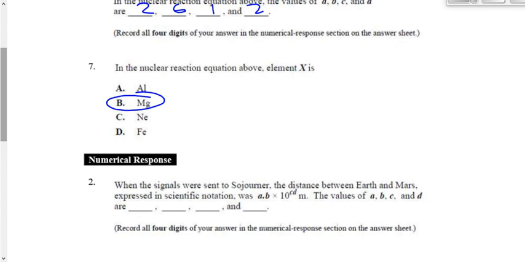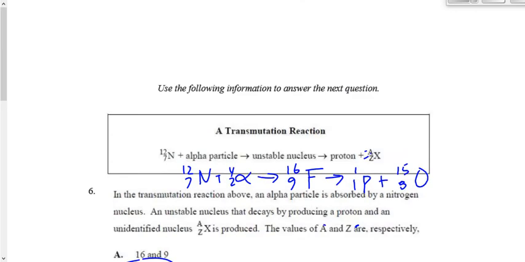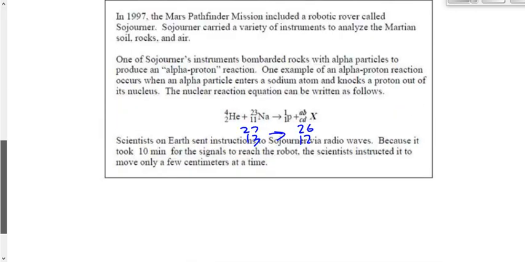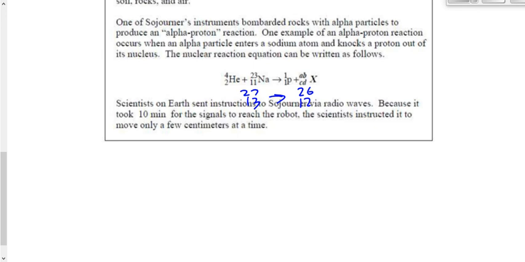And when the signals are sent to Sojourner, the distance between Earth and Mars was what? We want the distance between Earth and Mars. We know the speed is 3 times 10 to the 8. We know the time it took was 10 minutes. So we're just going to rearrange that. You get d is equal to v times t.